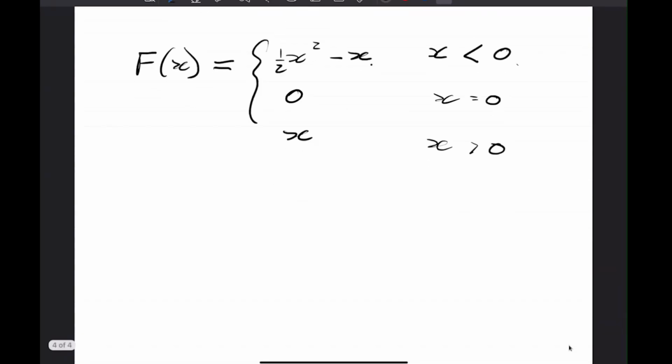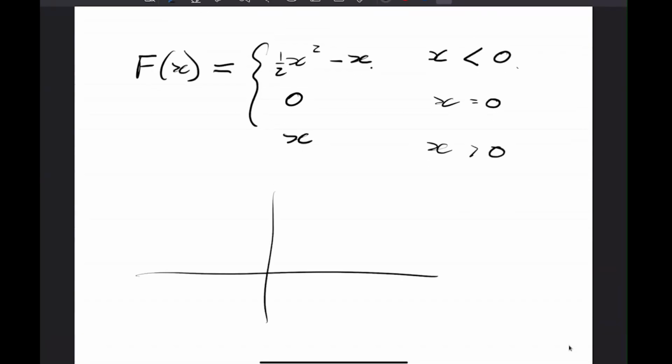So now we can actually think about what the graph of big F looks like. If we think about this quadratic, if we squint a little bit, let's see, where does it have zeros? It has zeros at, if we factor out an x, half x minus 1.